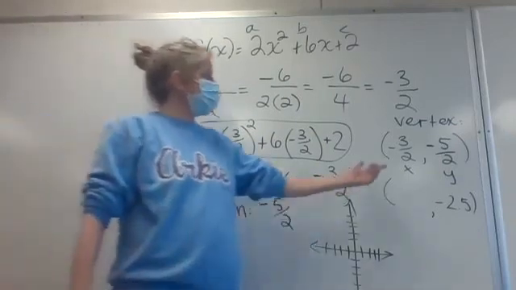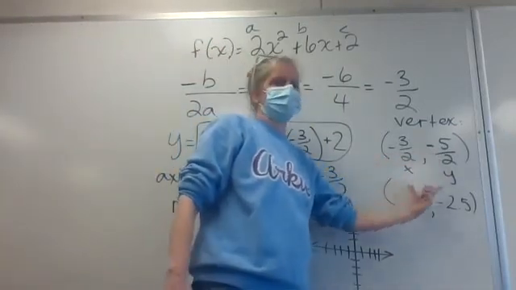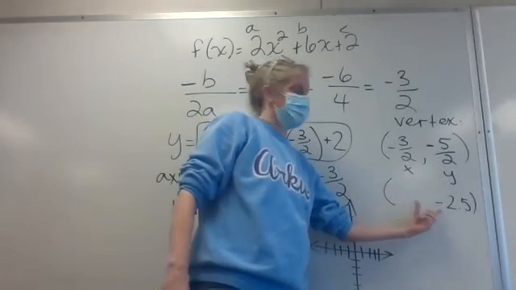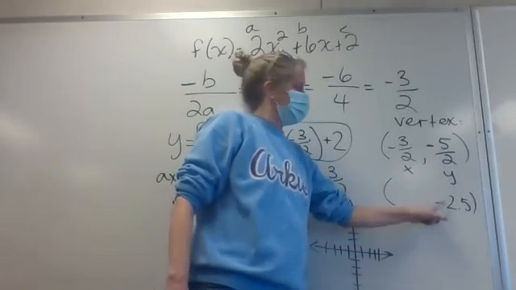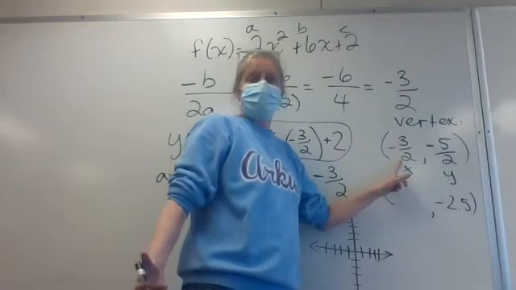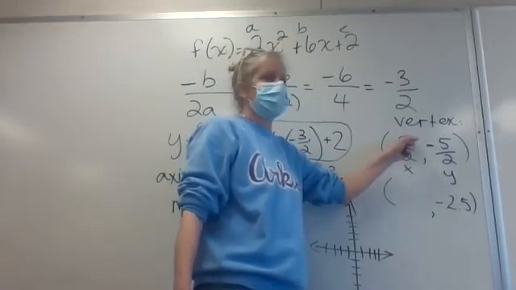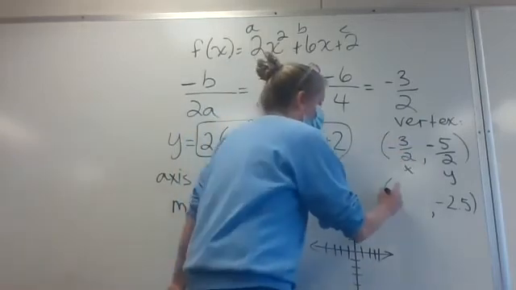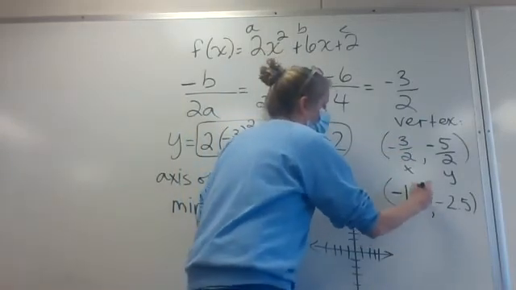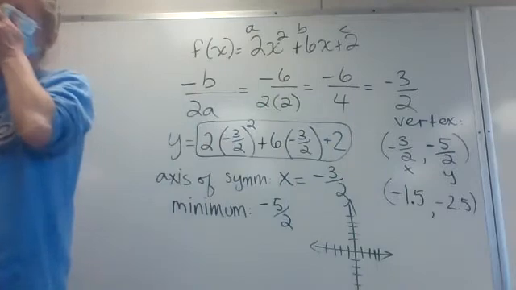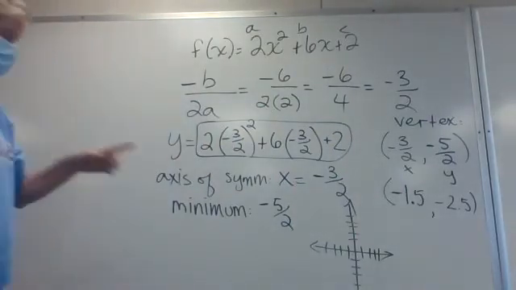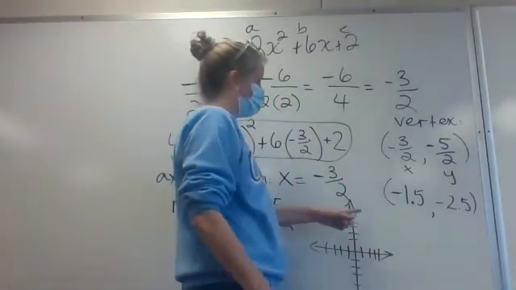When you're plotting the vertex, you don't want to see fractions. You want to see decimals. So I already know what that one is. How do I find out what this is? Just type that into the home screen of your calculator, negative 3 divided by 2, and it's going to tell you negative 1.5, which is going to be the first point that you're going to have to plot.